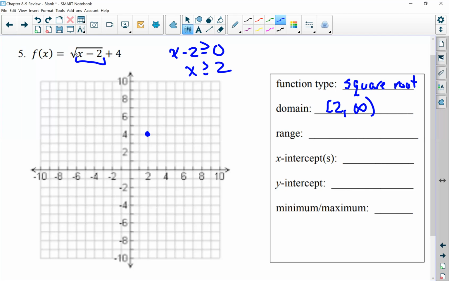There's also a pattern with square roots. From this point, I can go up 1 over 3. So if I plugged 5 in, oh, I only went over 3. I'm sorry. I go up 1 over 1 first.